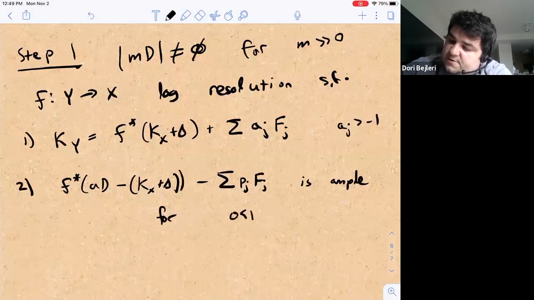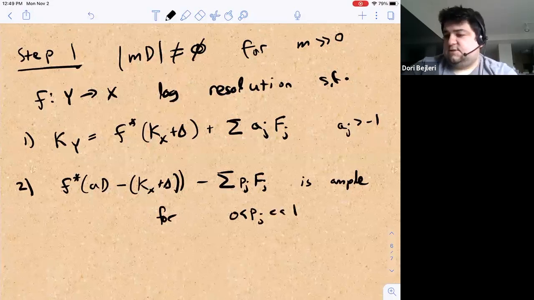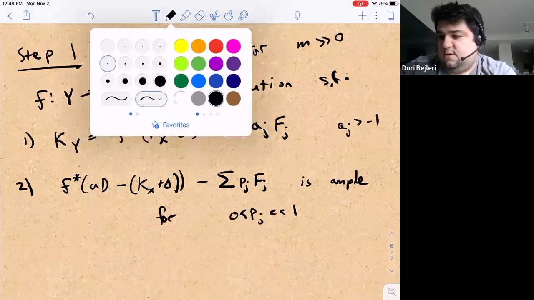And here's where our perturbation is coming up. And why can we do this? Well, this is the argument that we already gave.